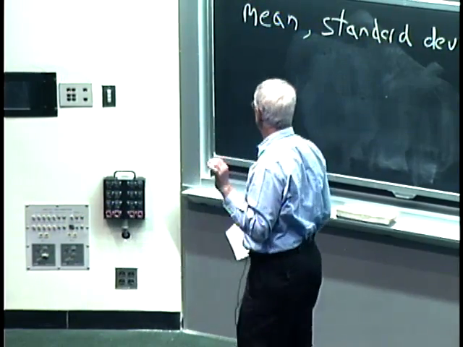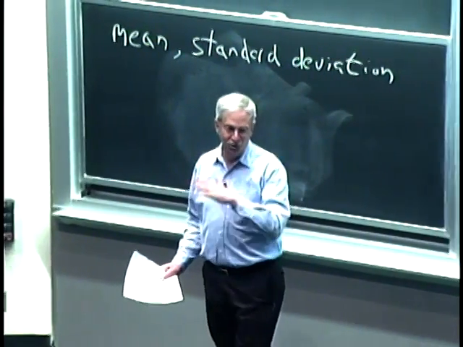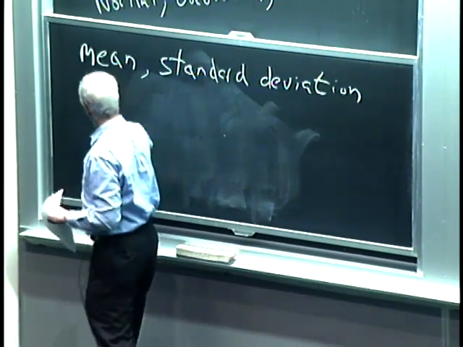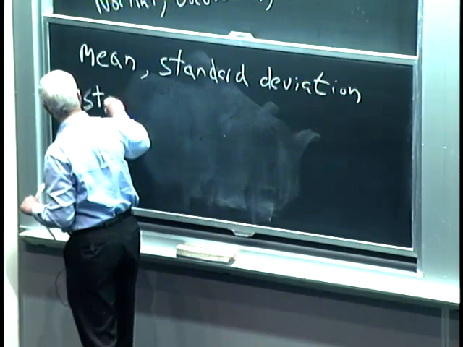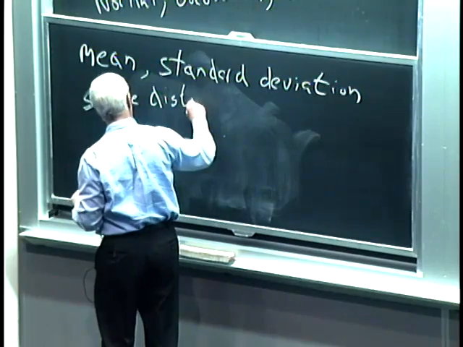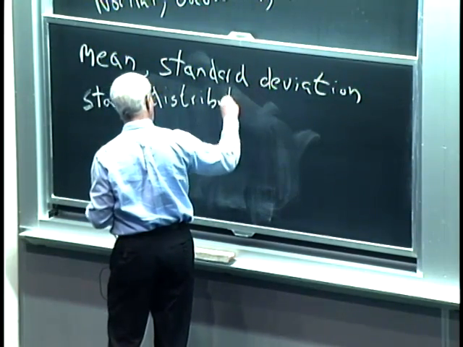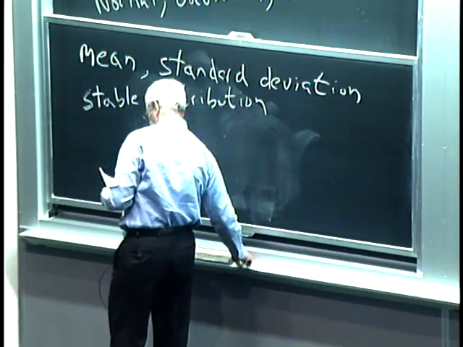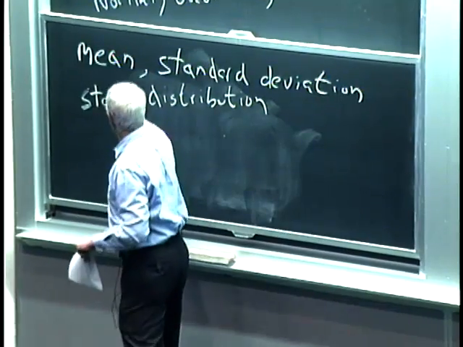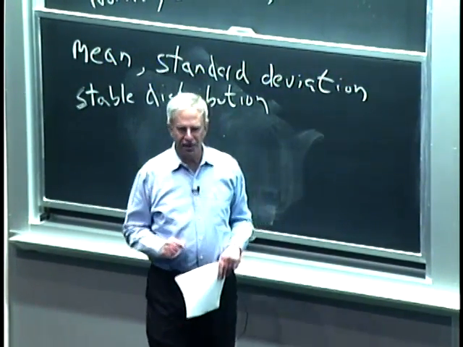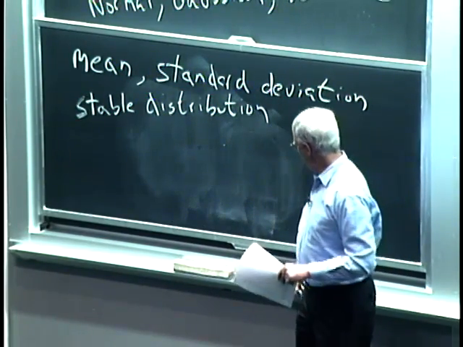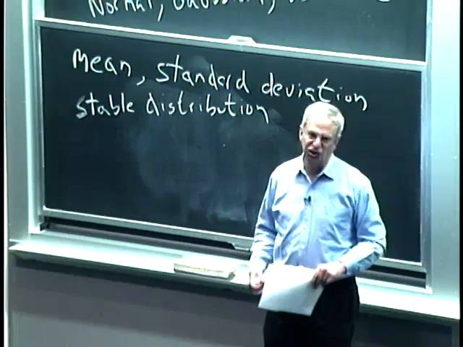This is what's called a stable distribution. As you change the scale, the shape doesn't change. So the mean tells us where it's centered, and the standard deviation basically is a measure of statistical dispersion.